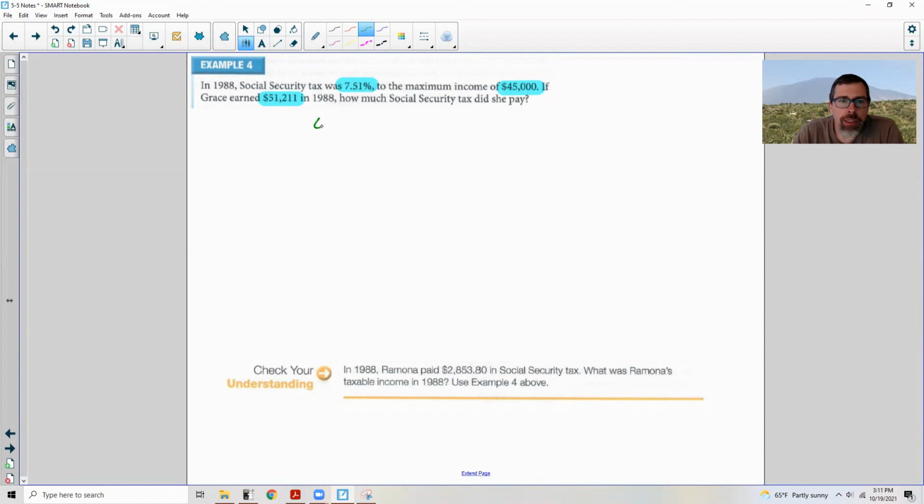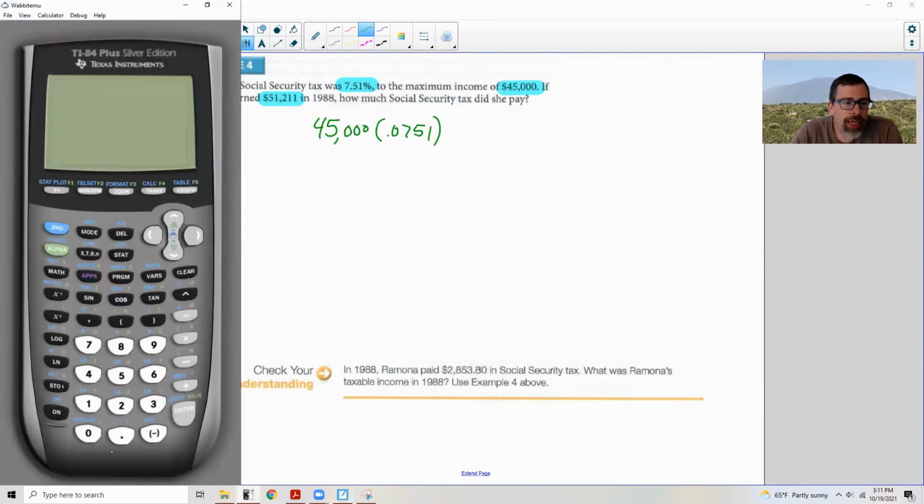So the answer is going to be $45,000, and I'm going to multiply that by 0.0751. So when I do that, I'm going to get how much she had to pay in. So $45,000 times 0.0751. So about 3/4 of her pay.